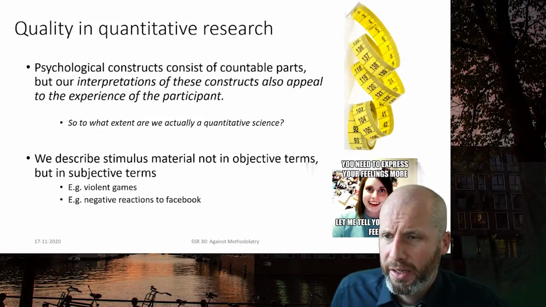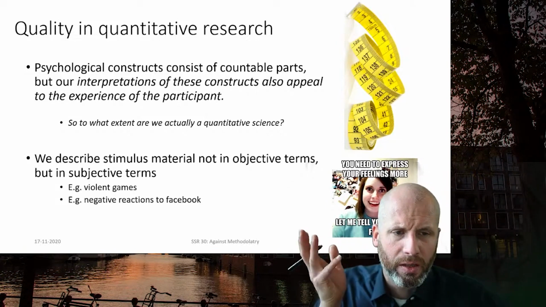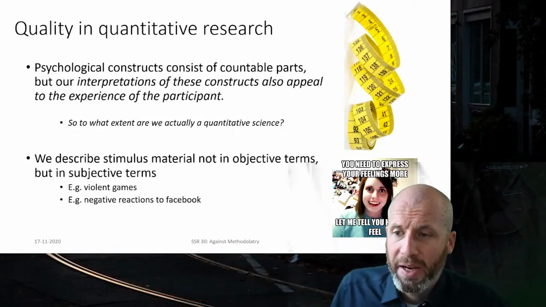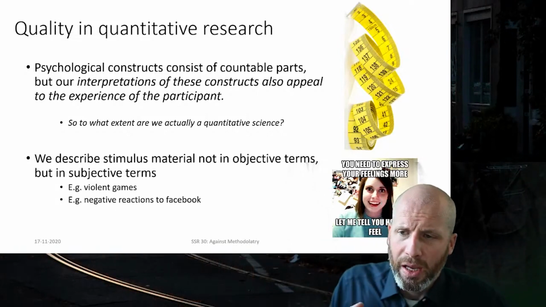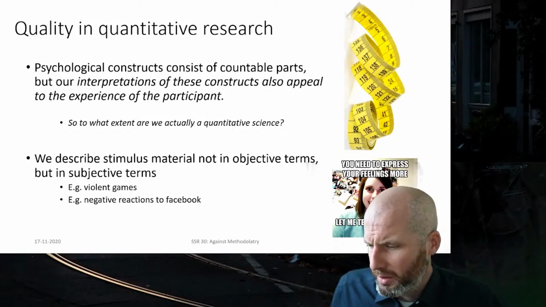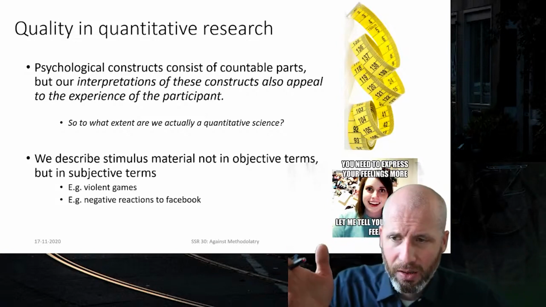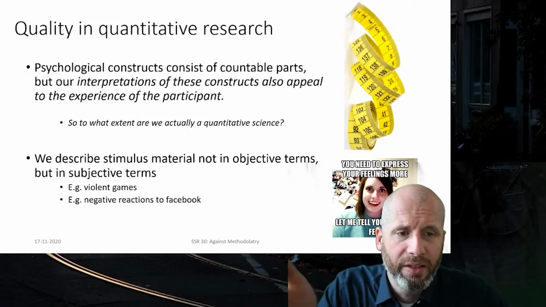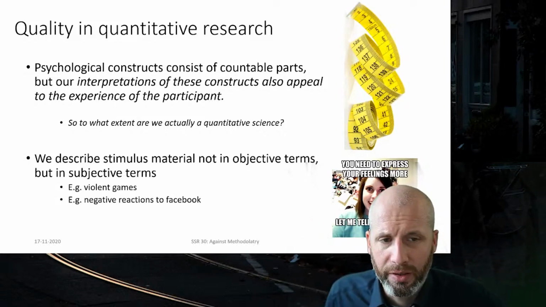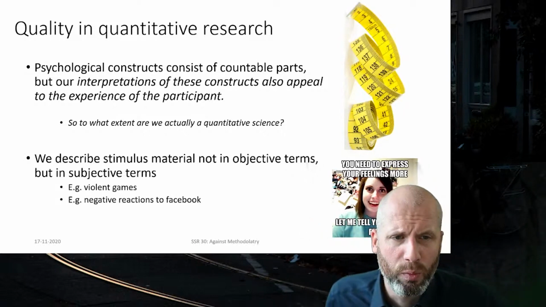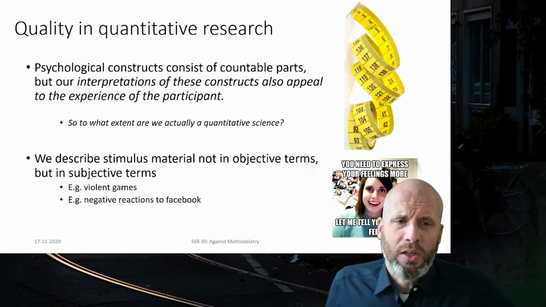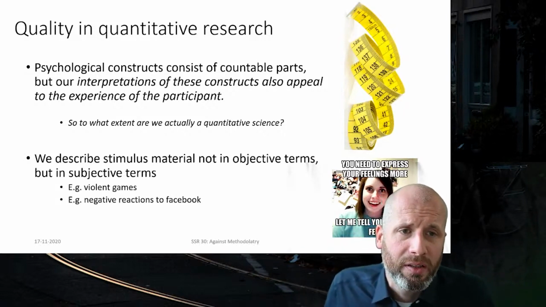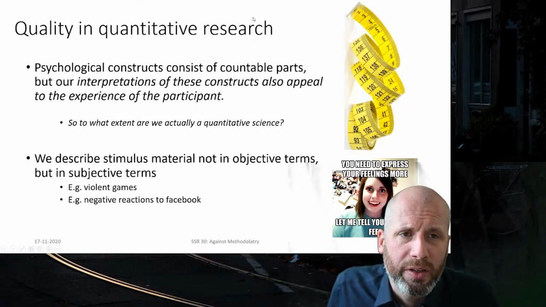As we've discussed with Denny, the degree to which the stuff we're doing in psychology can be called measurement is debatable. And as we discussed last week, the extent to which it's clear how the stuff we call measurement is related to the underlying construct is not very clear, and in a lot of cases not very well validated as well. So the step we're taking there might be considered qualitative to some degree as well.